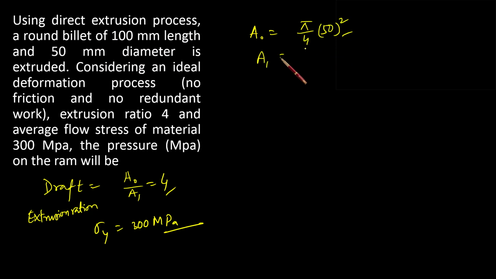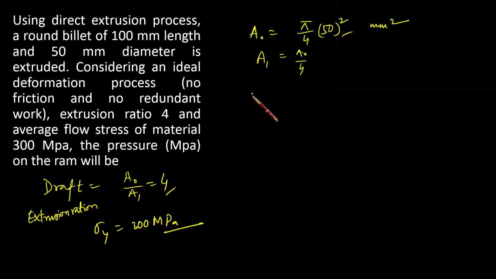So can we calculate a1? This is millimeter square, isn't it? So a1 is equal to a naught by 4.